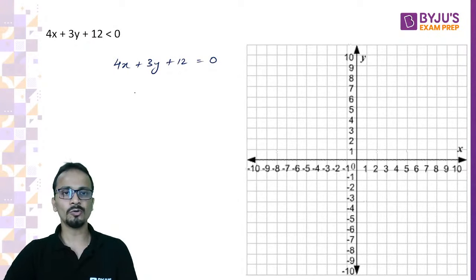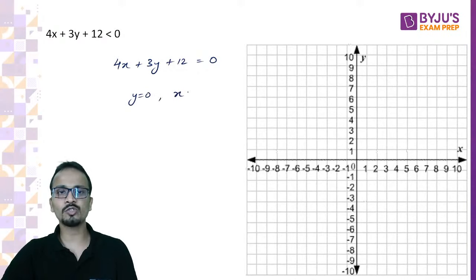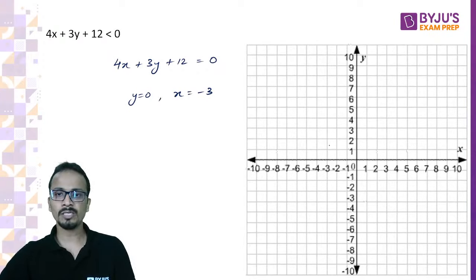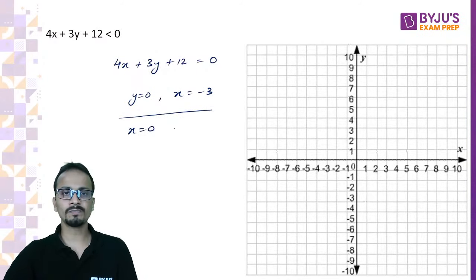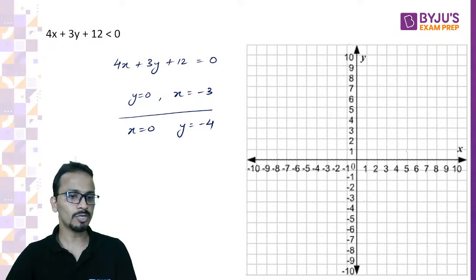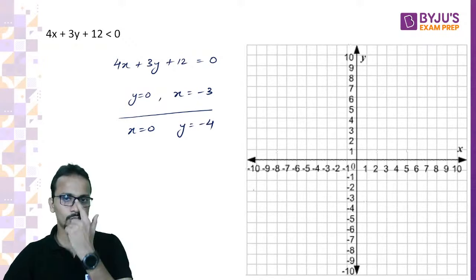Obtaining 2 points, putting y as 0, the value of x will be equal to minus 3. So the graph will pass through minus 3 comma 0. Obtaining the second point, putting x equal to 0, the value of y will be equal to minus 4. So let's mark these 2 points on the xy plane.